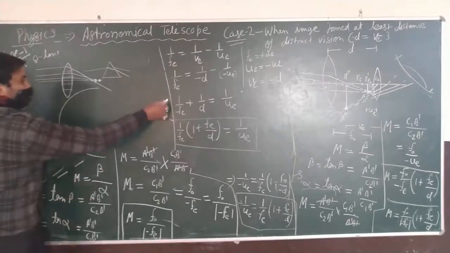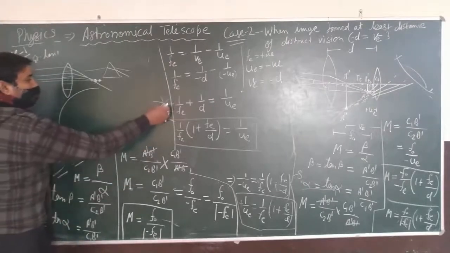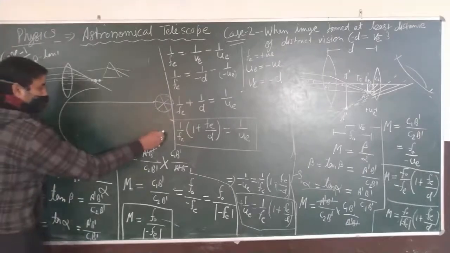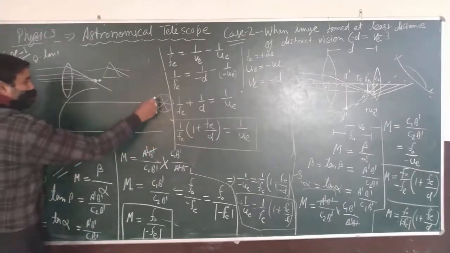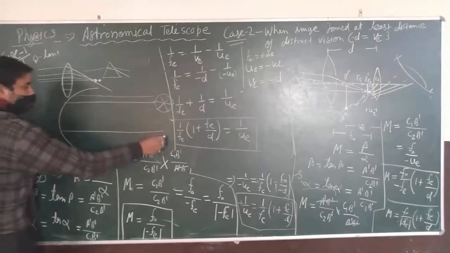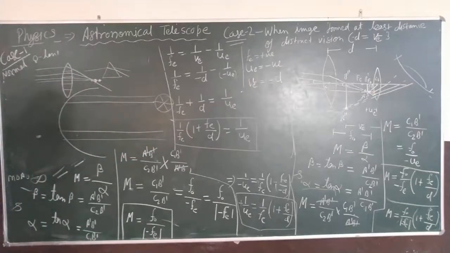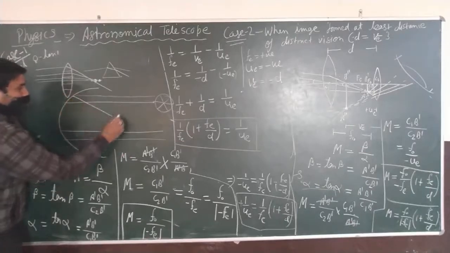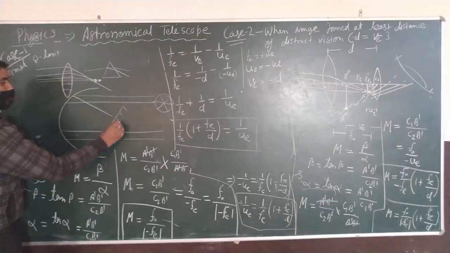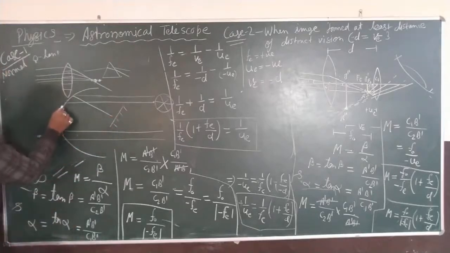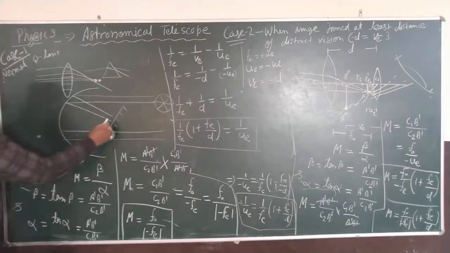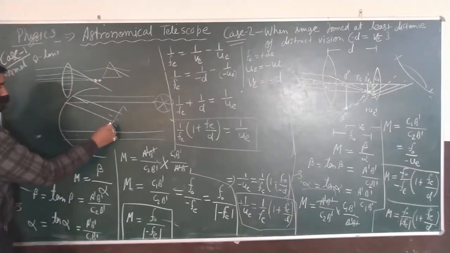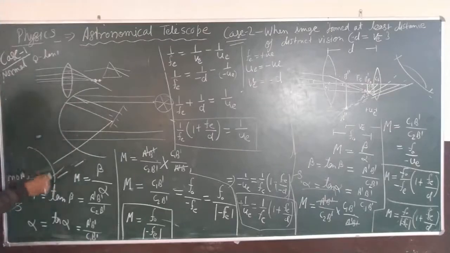Suppose there is a star, and from here the light comes parallel to each other. What happens after that? It follows the law of reflection, and there should be a plane mirror element. The light also falls here, and then after they reflect, here is an object.